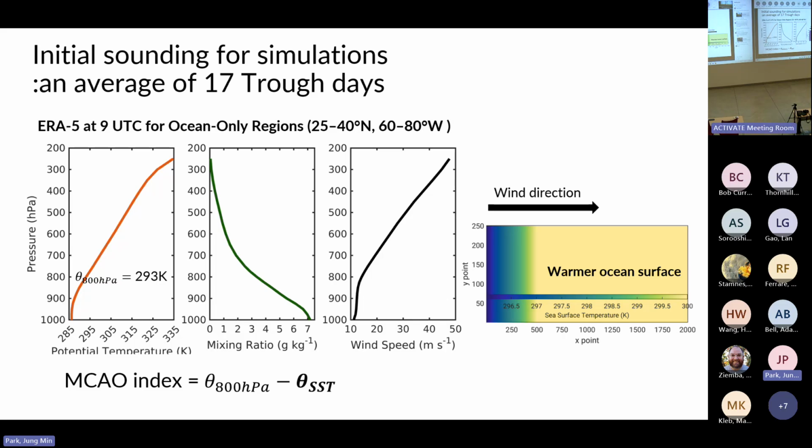And for the simulation, we use the average of 17 days between 2018 and 2020 to represent the general environment for marine cold air outbreaks over the study region. The three panels here describe how potential temperature, water vapor, and wind fields look from the average over the ocean-only domains.